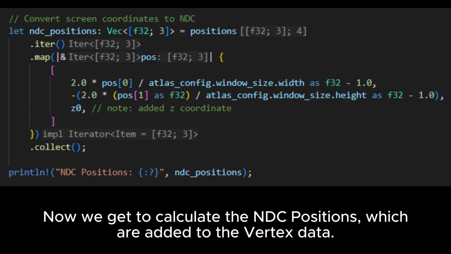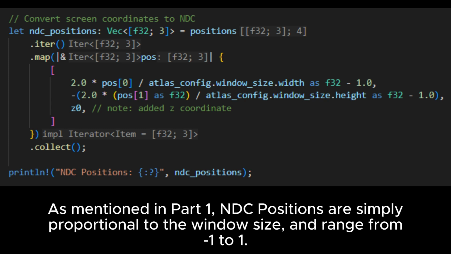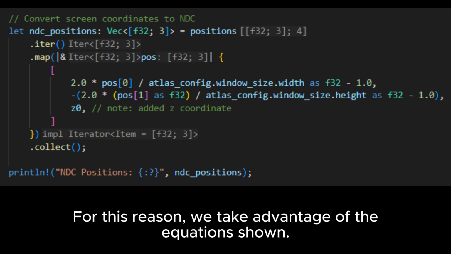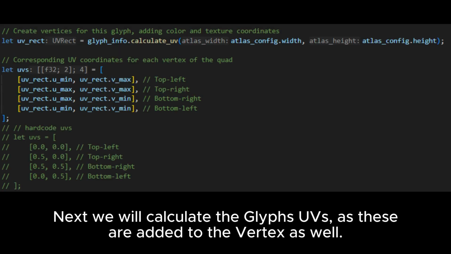Now we get to calculate the NDC positions, which are added to the vertex data. As mentioned in part 1, NDC positions are simply proportional to the window size and range from -1 to 1. For this reason, we take advantage of the equations shown. Next we will calculate the glyph's UVs, as these are added to the vertex as well.